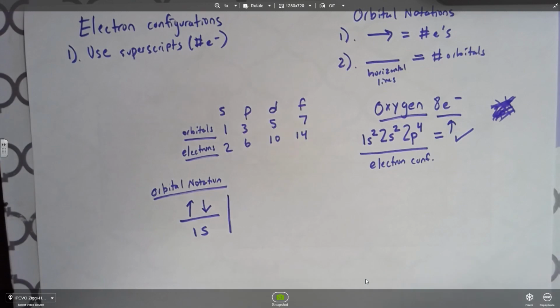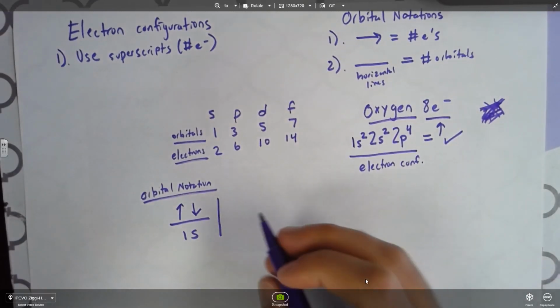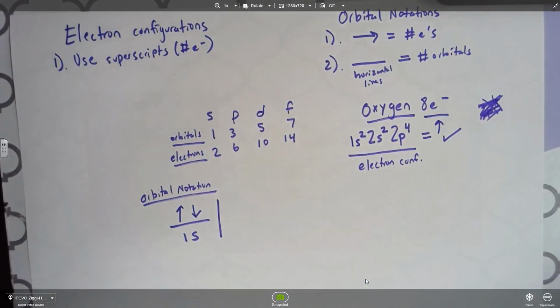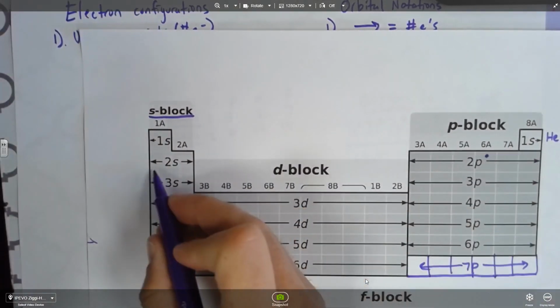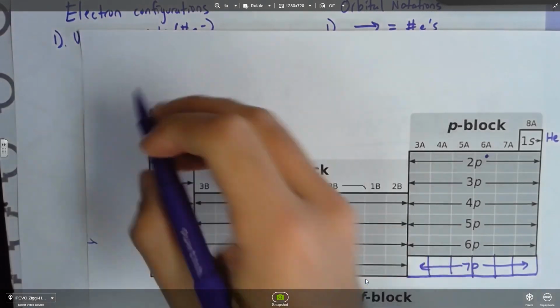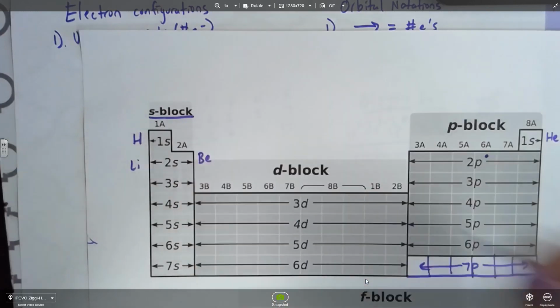But I would suggest putting vertical lines between these to show where it's separated out. So after 1s here, we're in 2s. If we're just reading a book, okay, this is hydrogen. This one is lithium. This one is beryllium right here.